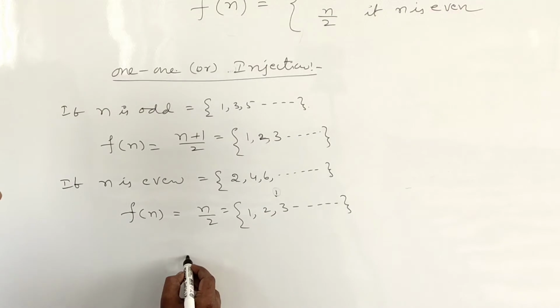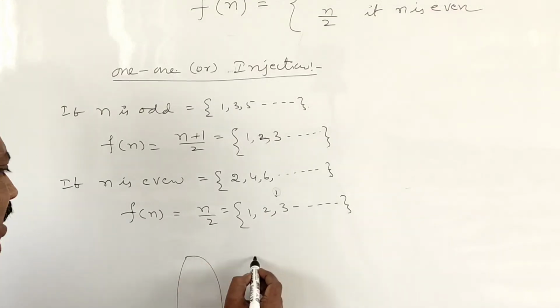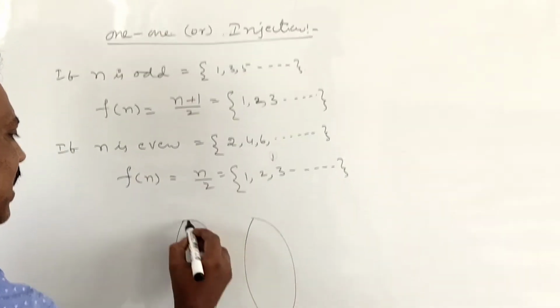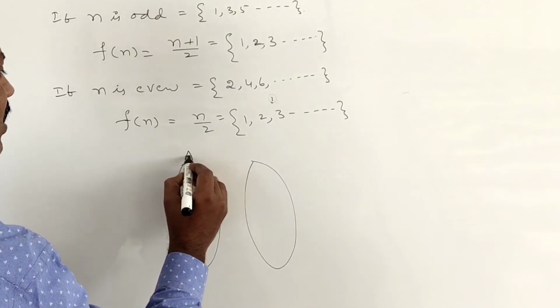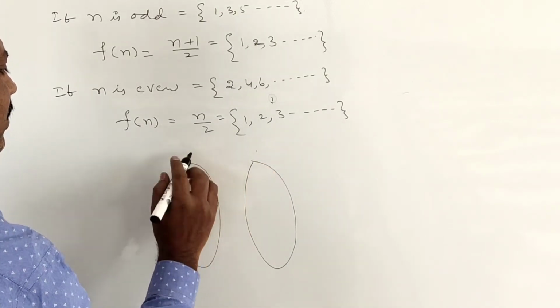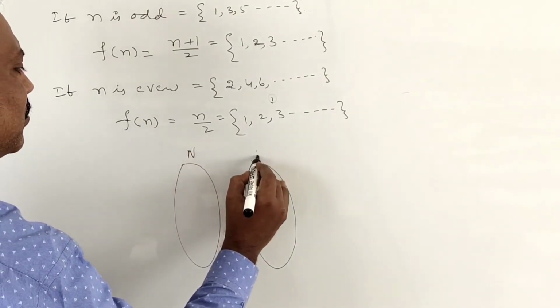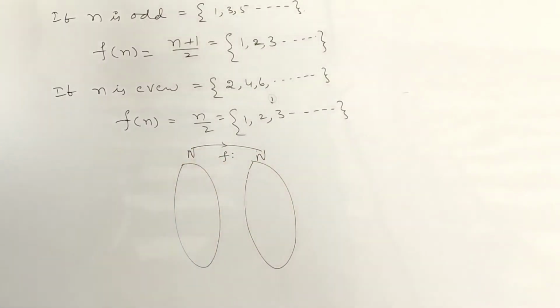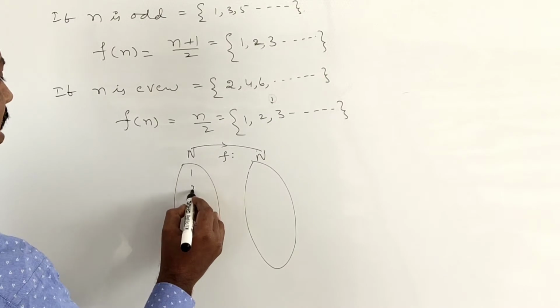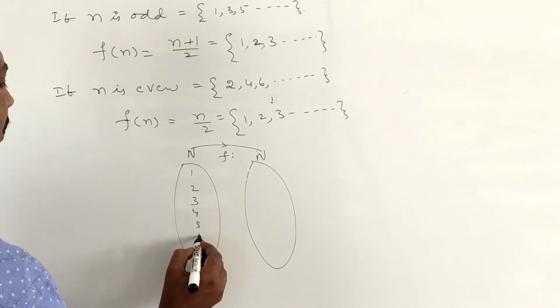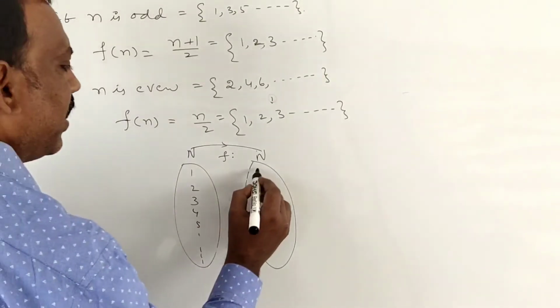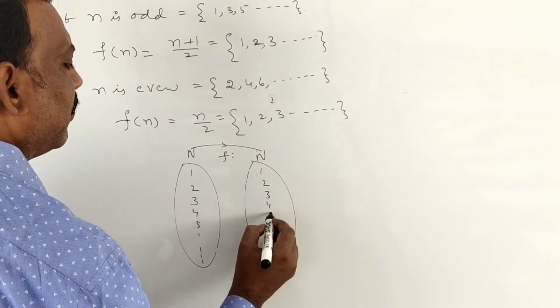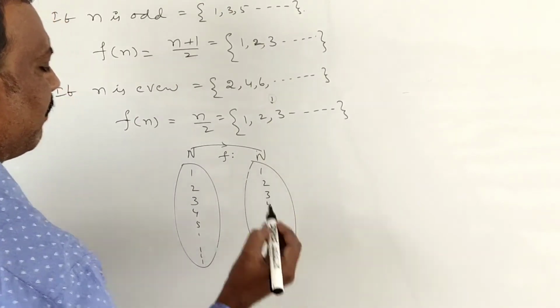So I will explain in a diagrammatic manner. Now you understood clearly. This is a function from N to N, natural numbers to natural numbers. Natural numbers are 1, 2, 3, 4, 5, going on infinitely. Here also 1, 2, 3, 4, 5, 6 and so on, infinite.